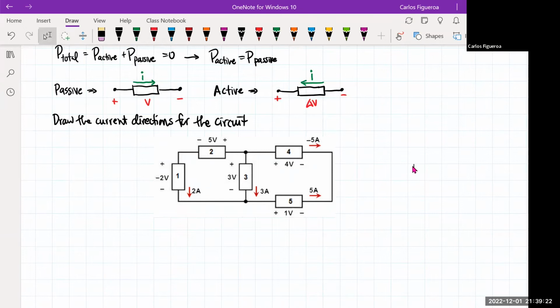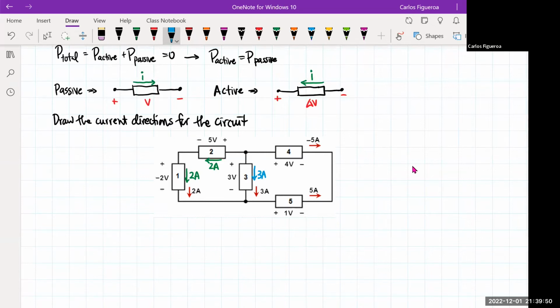Look at the 2 A here. I have 2 amps going in this direction, and therefore 2 amps going through that element. And if I look at this current right here, in element 3, this current is going in this direction at 3 amps.